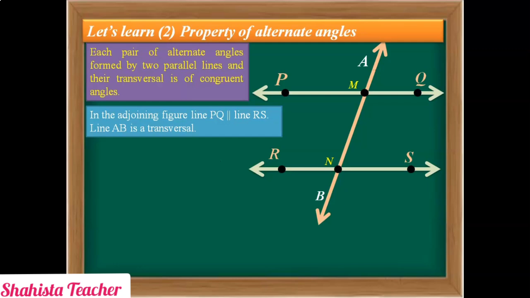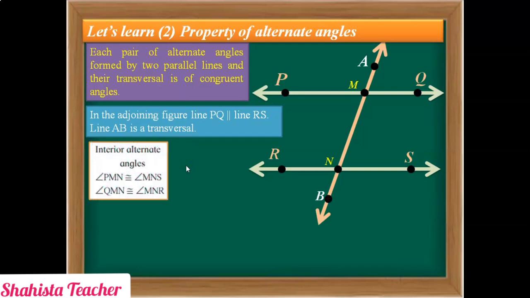Now here the first one is angle PMN, which is congruent with angle MNS. Opposite side, opposite direction: PMN is congruent with MNS.